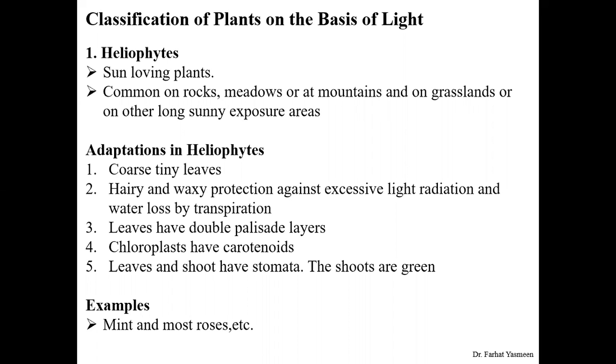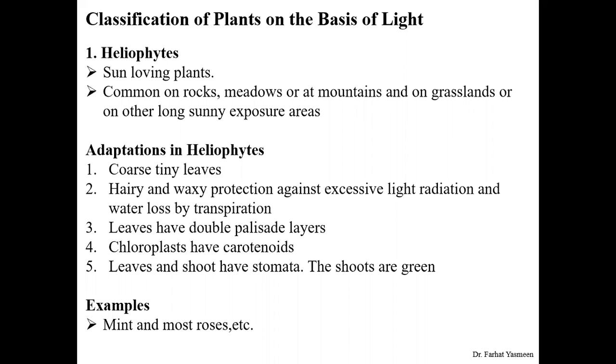What kind of adaptations do these have? They mostly have tiny leaves. The leaves have hairy and waxy protections against excessive light radiation, and the tiny leaves basically reduce the rate of transpiration.